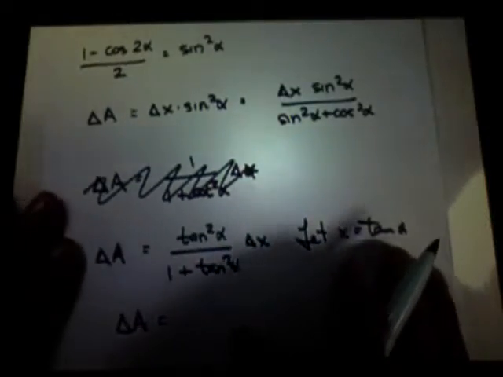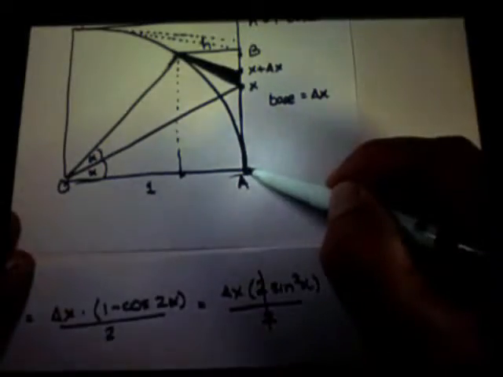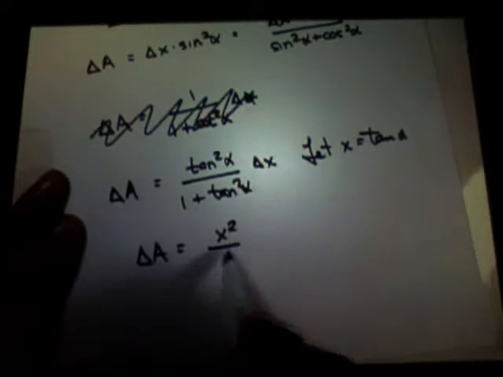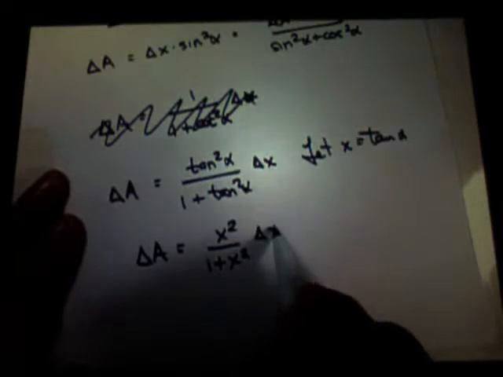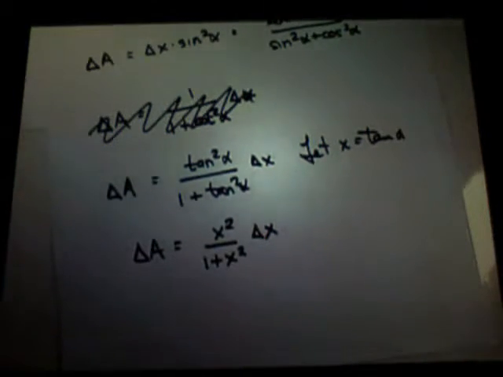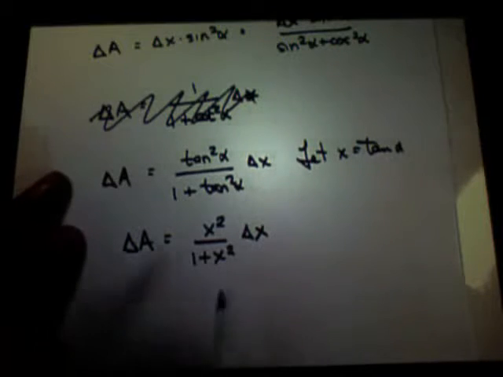Well, we can just let x be tan alpha. X is tan alpha, right? I did that with some measure of foresight. All right.